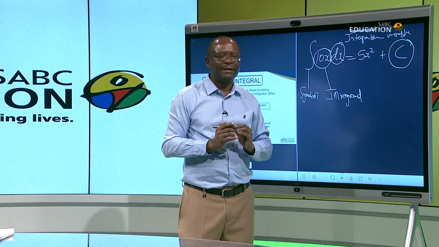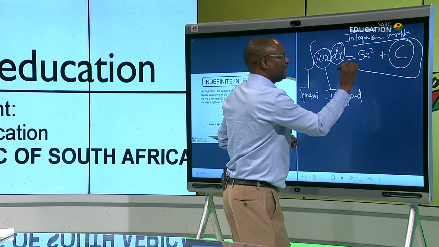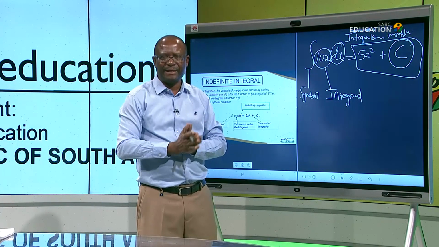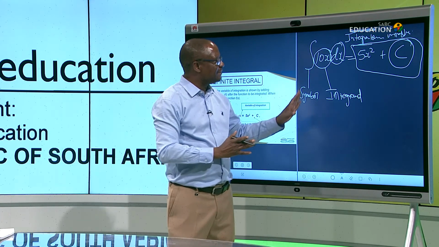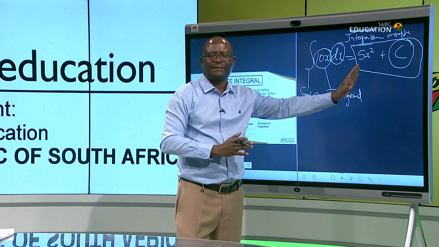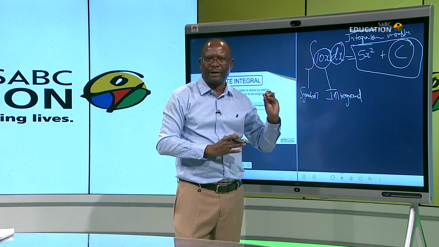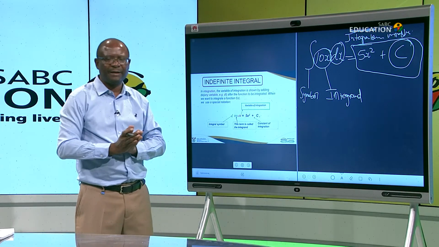The whole answer here is what we refer to as your indefinite integral. Therefore, my beloved learners, please understand each part, each symbol, each notation. Then you won't lose even a single mark.